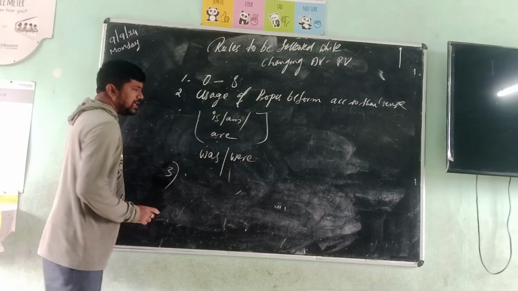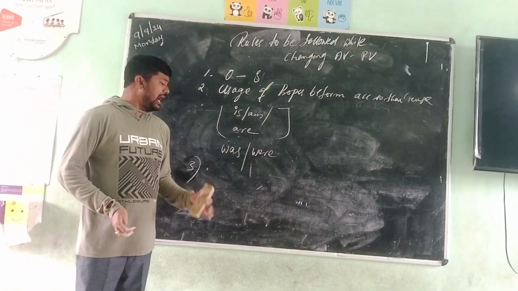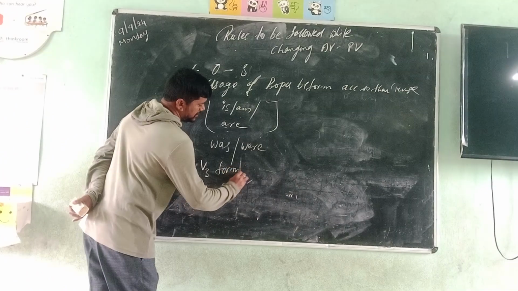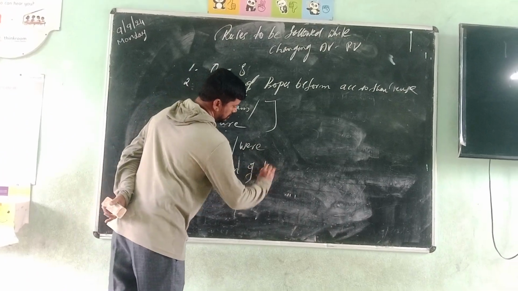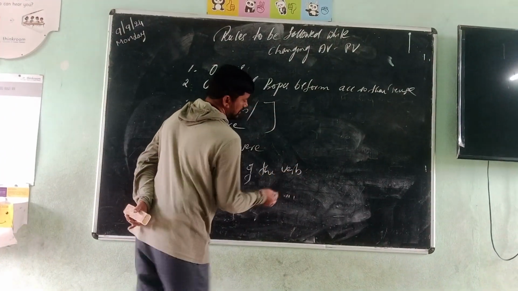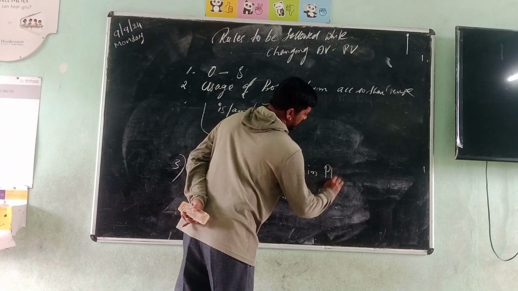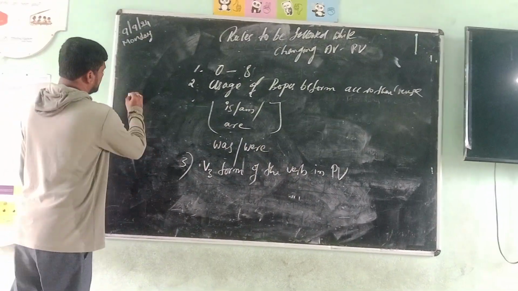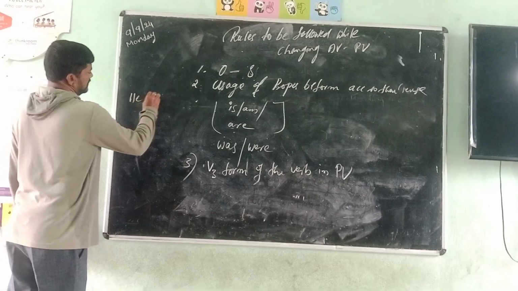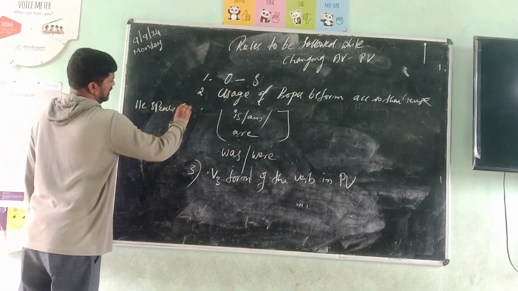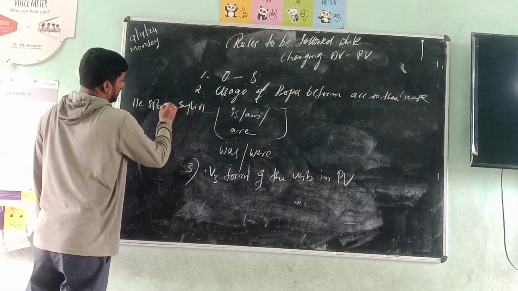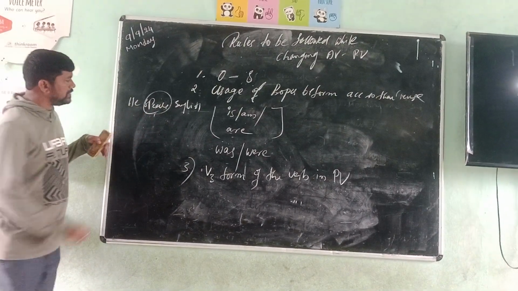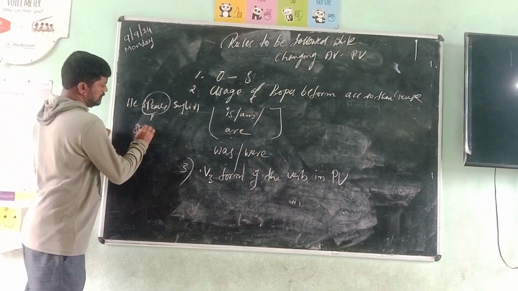Third rule. This is very, very important. Always use the V3 form of the verb in passive voice. What does it mean? For example, previously we wrote the example, he speaks English. Here, speaks is the verb in the active voice. What is the V3 form of this verb? Spoken.